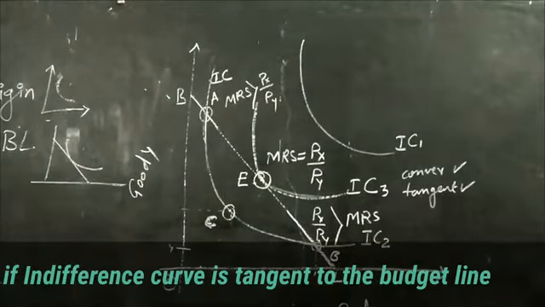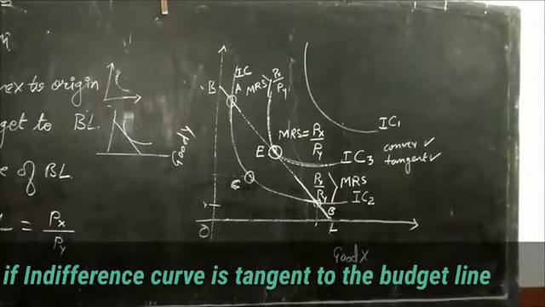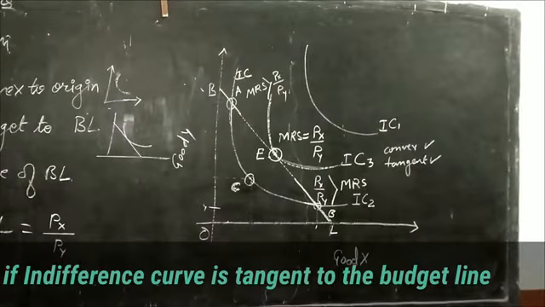Now, the overall explanation of indifference curves. IC1, IC2 and IC3 are there, and I have told you that in an indifference map, the higher indifference curve shows a higher level of satisfaction.